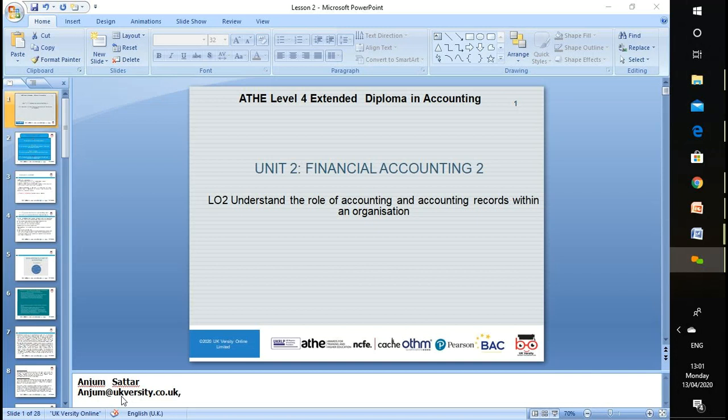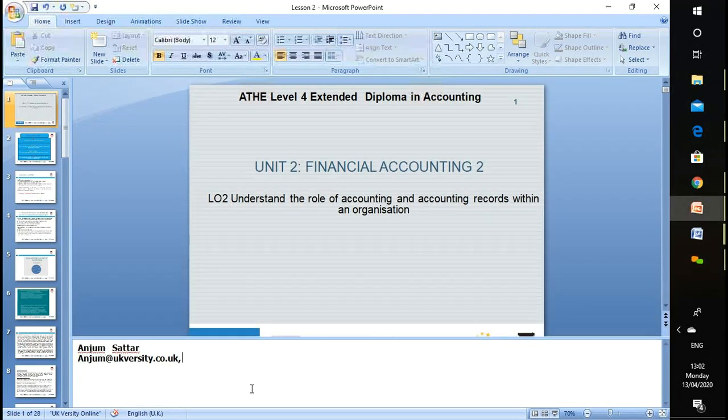So today's lesson will go through LO2, which is about understanding the role of accounting and accounting records within an organization. So accounting records are very important. You have to think about different types of businesses.